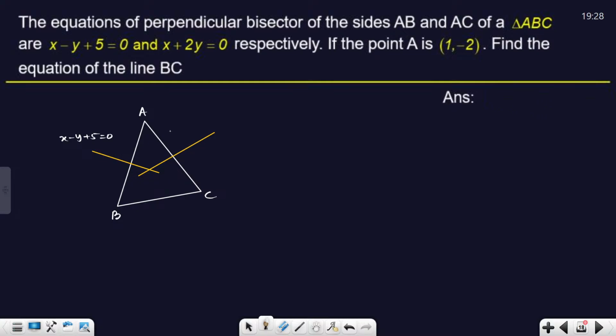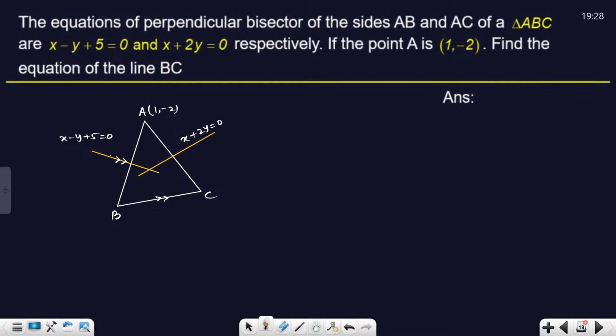And the perpendicular bisector of AC is x plus 2y equals 0. See, this is the perpendicular bisector of the line AB. Now, the coordinate of A is given as (1, minus 2), and they have said find the equation of BC.